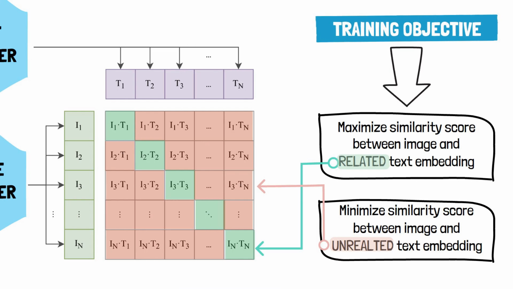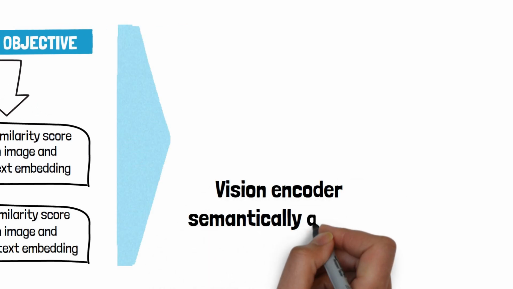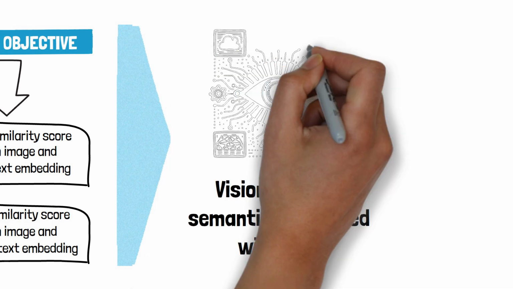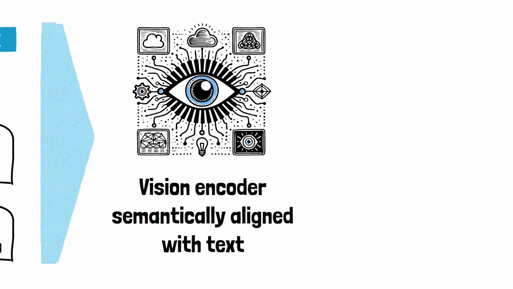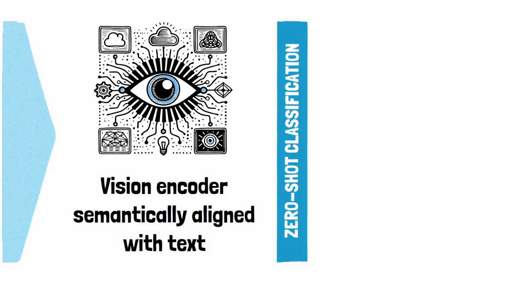The result of this contrastive training is a vision encoder that is semantically aligned with text because it's been trained at scale on pairs of images and associated captions. One remarkable outcome of this approach is the capability for zero-shot image classification.